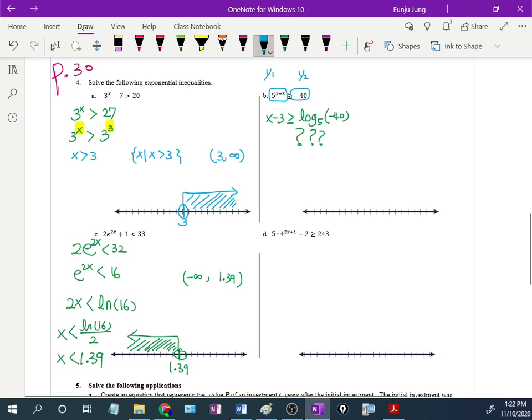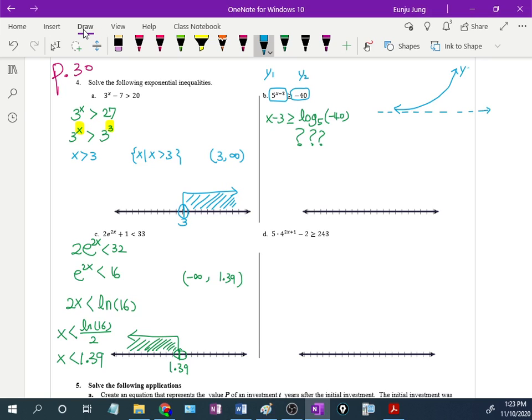So let me draw y1 roughly. When you graph y1, it's increasing, isn't it? 5 is the base, so the graph is increasing, an exponential function like that. Move to the right 3 units, 1, 2, 3, like that, right? Every exponential function has a horizontal asymptote, right?